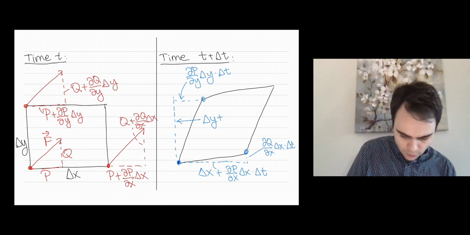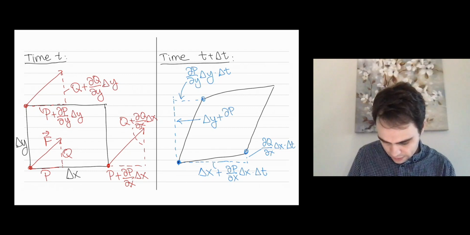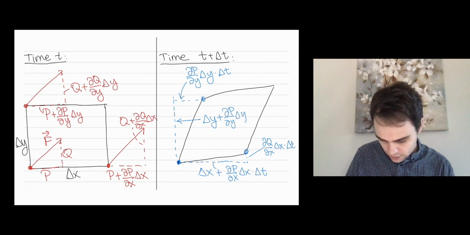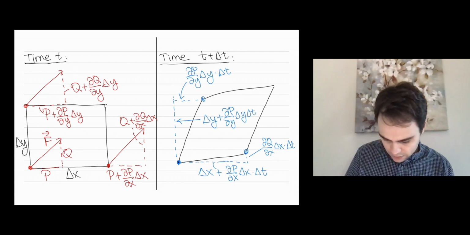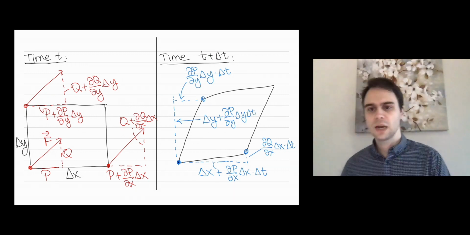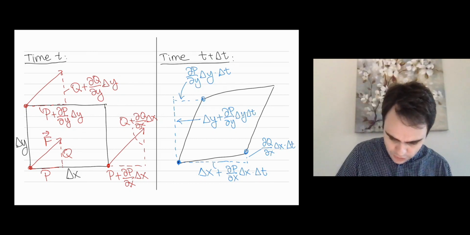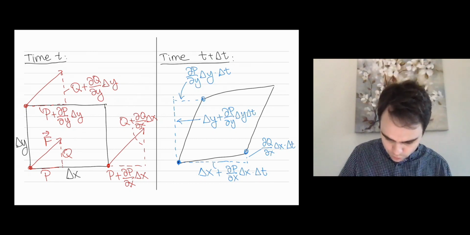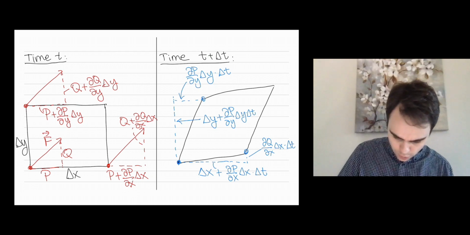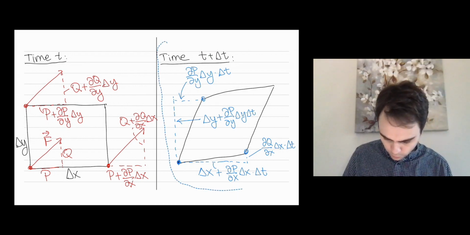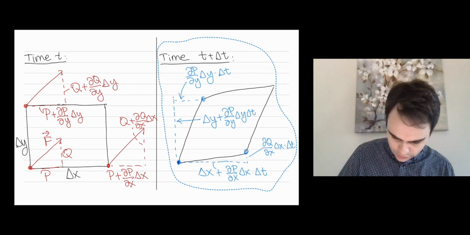That's dp/dy delta y multiplied by the change in time: the difference in velocities times the amount of time that has passed. All right, so this is the picture I want to bring forward to the next slide.